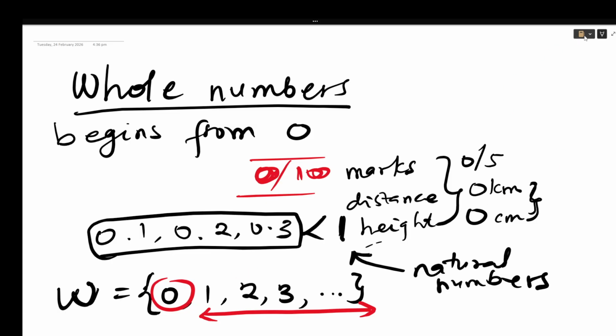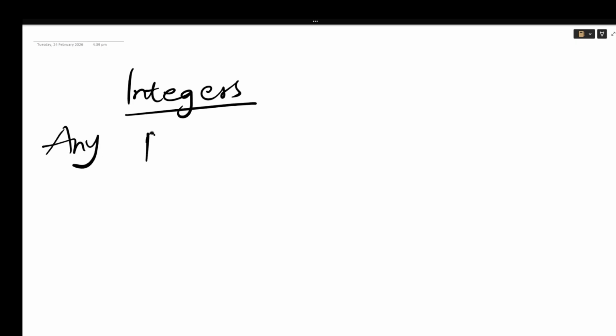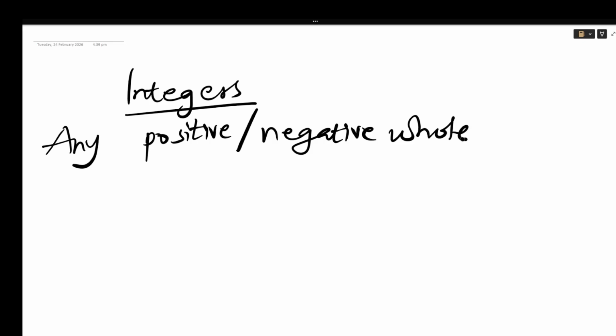Now, we move on to another type called integers. An integer is any positive or negative whole number.